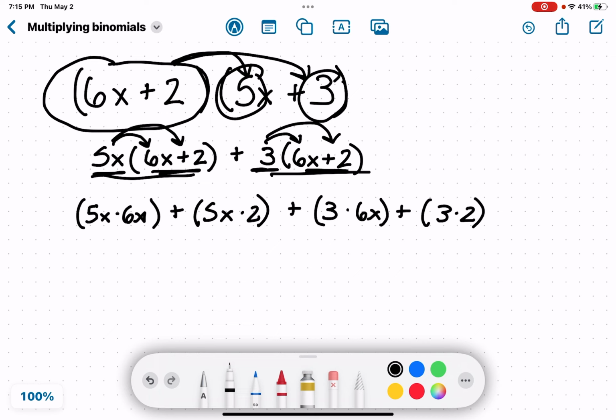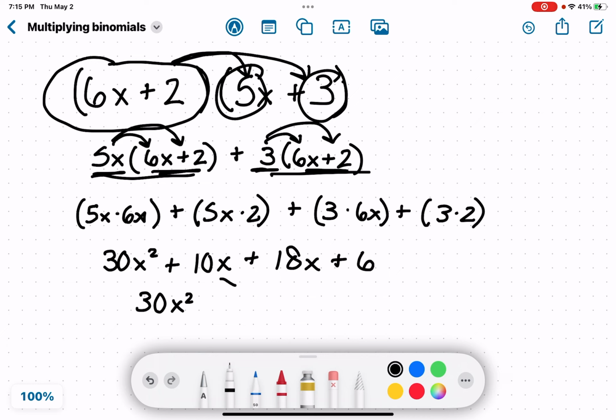So 5x times 6x is 30x squared, plus 5x times 2, which is 10x, plus 3 times 6x, which is 18x, plus 3 times 2, which is 6. Simplify by adding like terms. 30x squared stays the same. 10x plus 18x is 28x, plus 6.